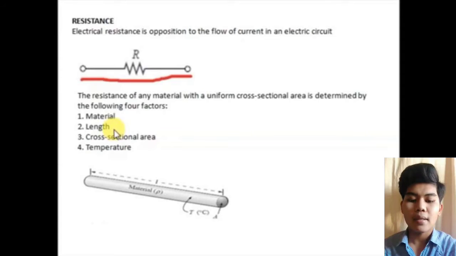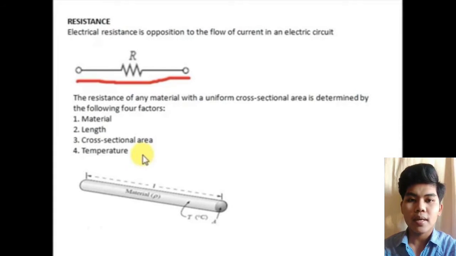So, yung pangalawa natin is yung length. So, the longer the wire, the higher the resistance. Pangatlo is cross-sectional area. The smaller the diameter, the higher the resistance. Last, which is the temperature. The higher the temperature, the higher the resistance. Okay?